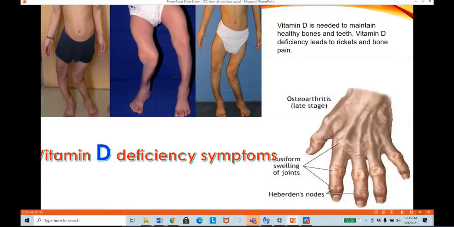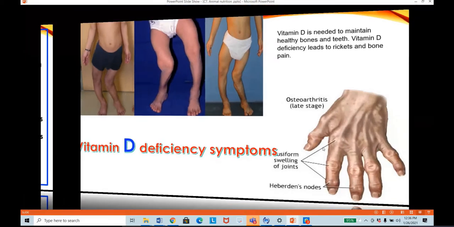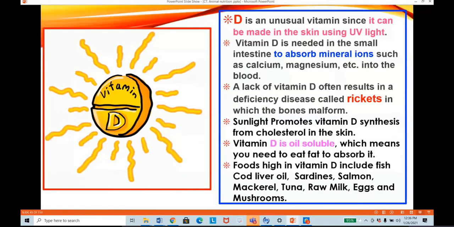In adults, it might lead to a condition known as osteoporosis or osteoarthritis, as you can see in this picture, in which there is swelling in the joints and there are Heberden's nodes, these nodes on the hands, and also the weakening of the bones. The bones are so weak that elderly people are susceptible to a fracture even after a minor fall.